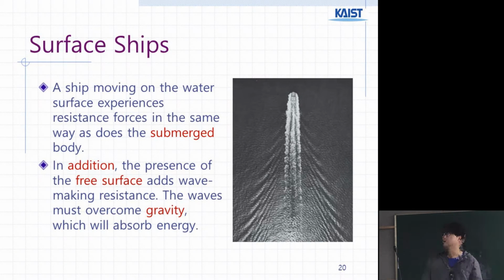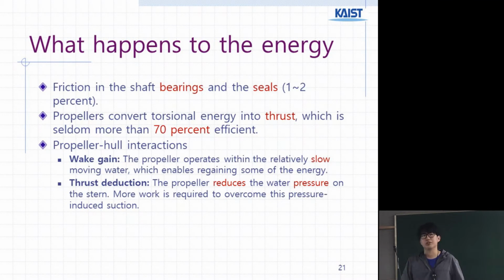This is similar in some ways to submerged bodies. And in terms of energy, the shaft bearings and the seals lose 1 to 2%, and the propeller converts torsion energy into thrust, which is nearly 70% efficient.